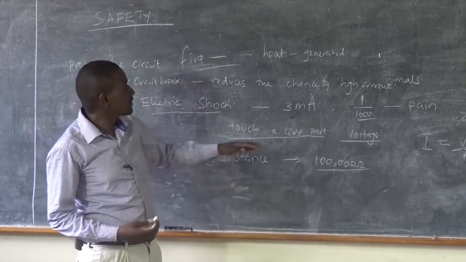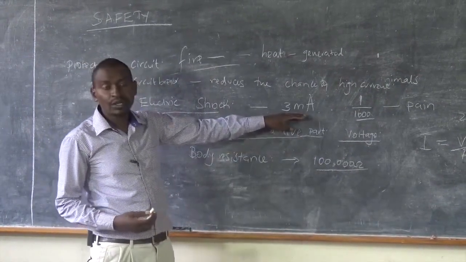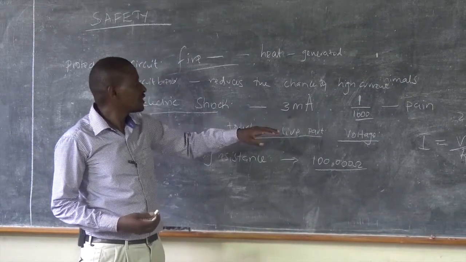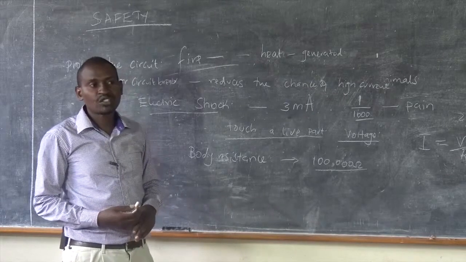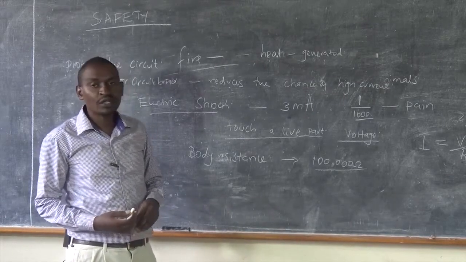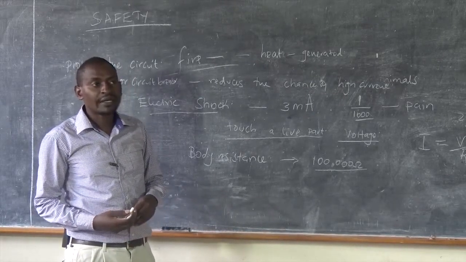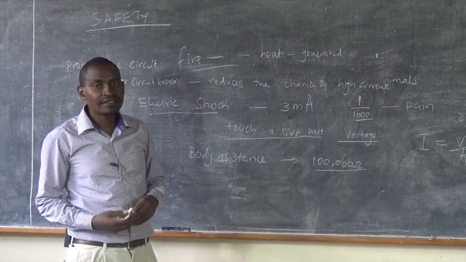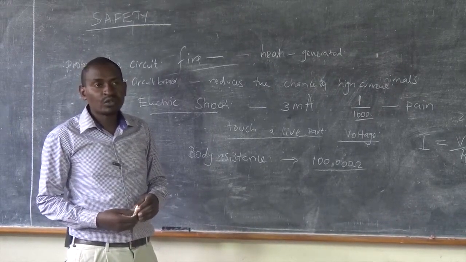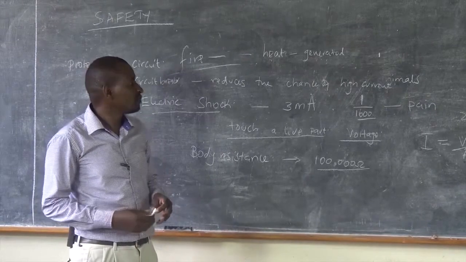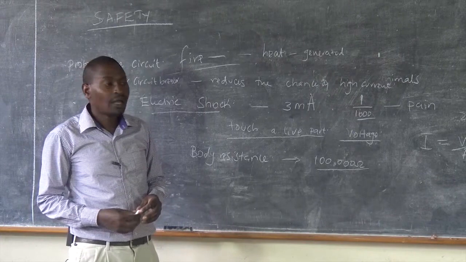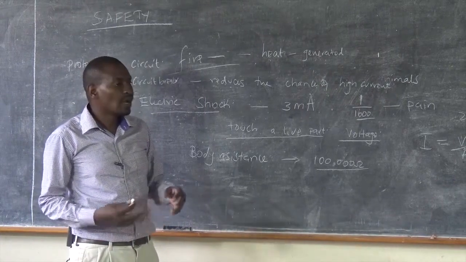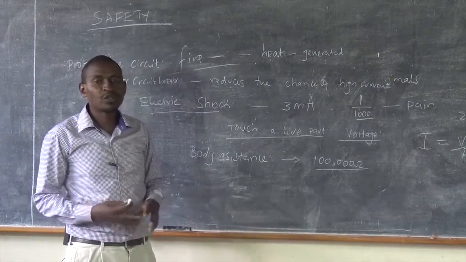So when you have this current flowing through your body, this current causes your muscles to contract in a manner that you cannot control. The end result is that you cannot control the movement of your arms, neither can you control the movement of your legs, because the way they are contracting, your nervous system cannot control that.